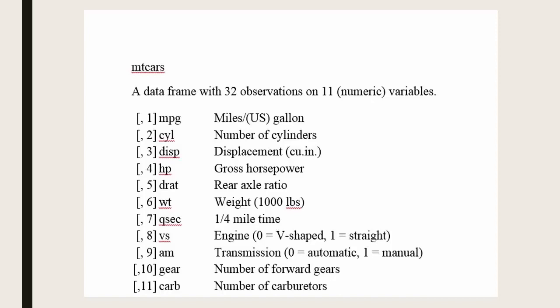Here we use two built-in functions. One is ols_step_all_possible. This is for exploring all possible subsets of regression model. This is in the olsrr package. And another function, that is stepAIC, this is also a built-in function.